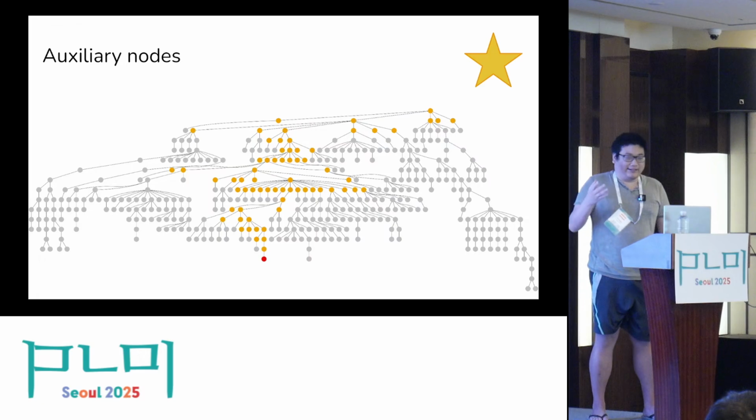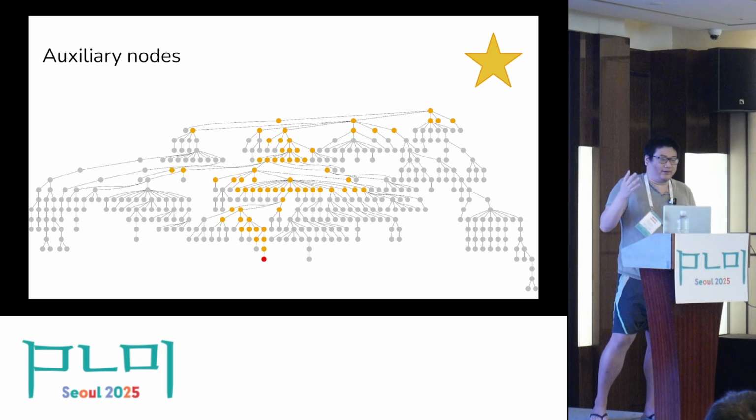As you can see, we are touching about 20 to 30 auxiliary nodes, and each of them is an L2 cache miss. This means we are paying 1,000 cycles just to find the red node. And the computation of the red node is typically not 100,000 cycles. So here, we have a von Neumann bottleneck-like situation where we are spending more time finding out what to compute rather than computing it.